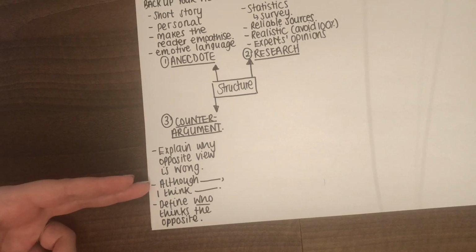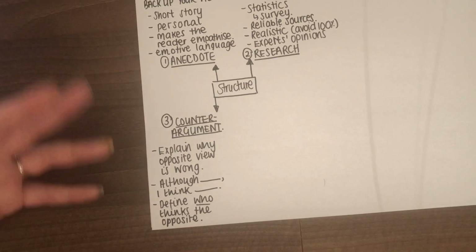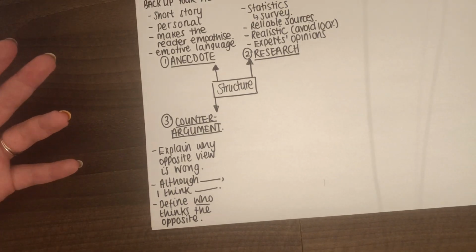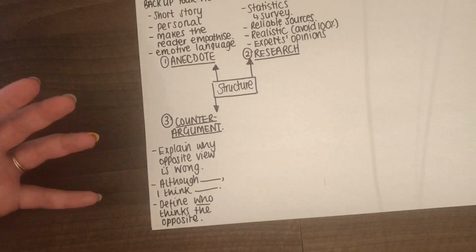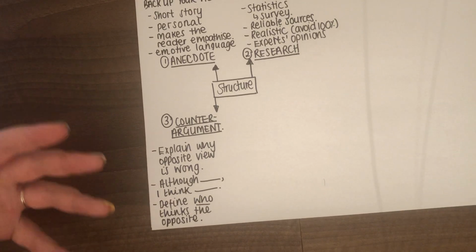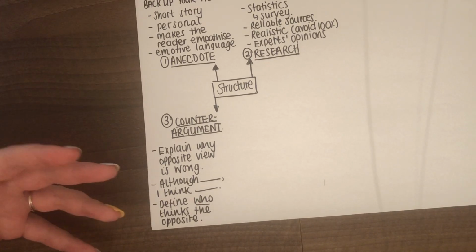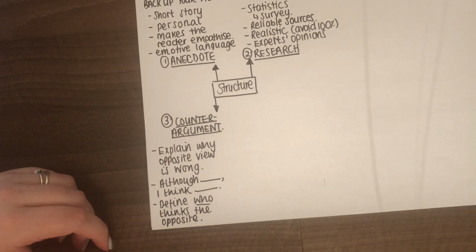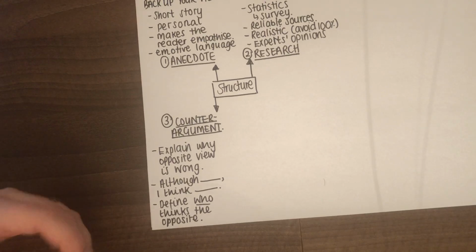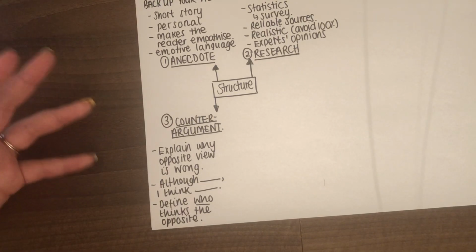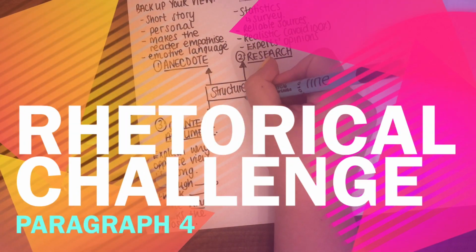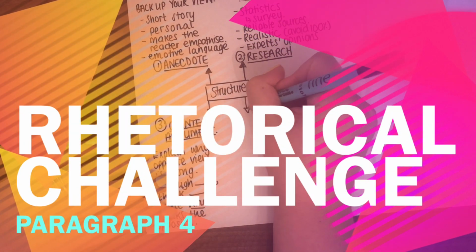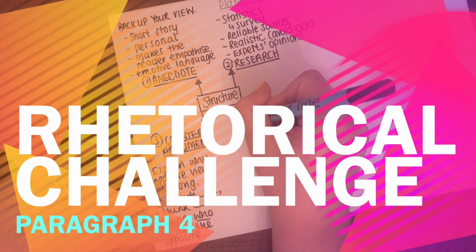So you would say, although some teachers might argue that wearing uniform prevents bullying because people are all wearing the same thing, comma, I believe that people are equally as likely to bully because people can get picked on for the way they wear their uniform as much as they might get picked on for their own clothing, for example.